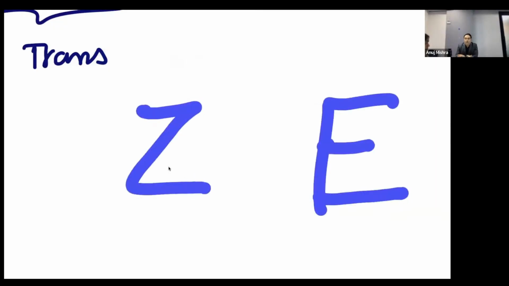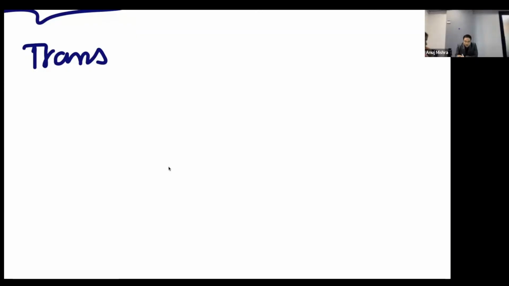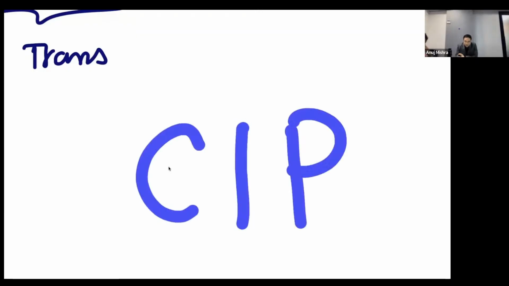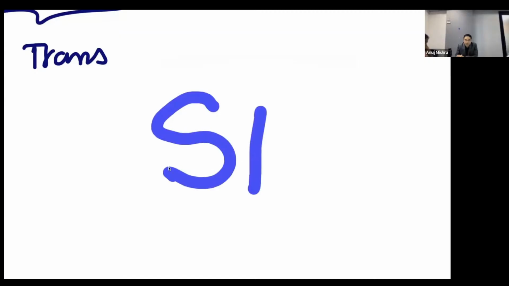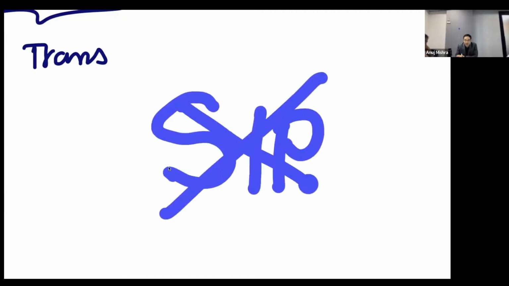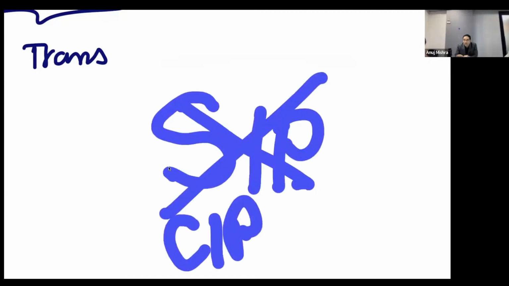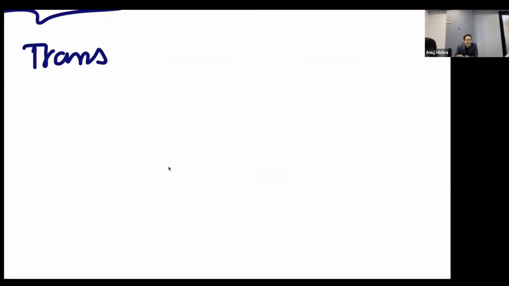Okay. Now, what is Z and E? This is under a rule called the CIP rule. Right now, this word, not SIP, systematic investment. CIP. What is the full form of CIP?